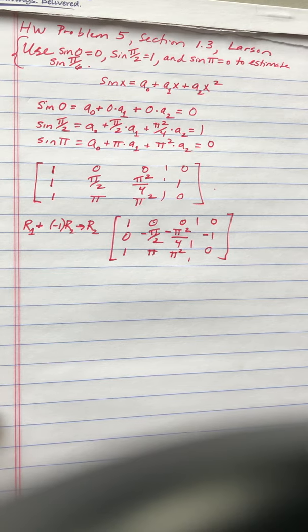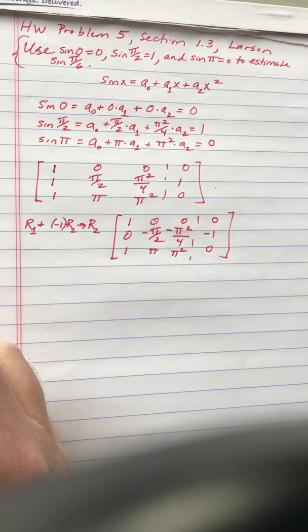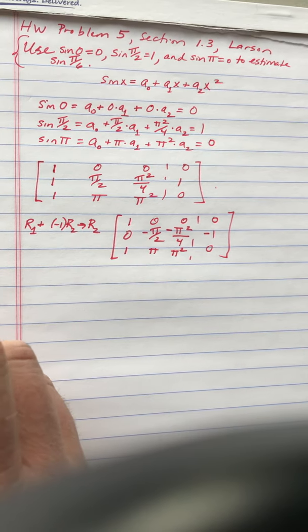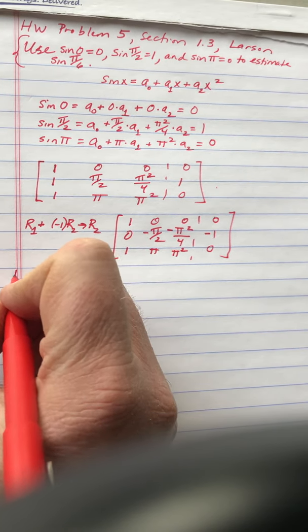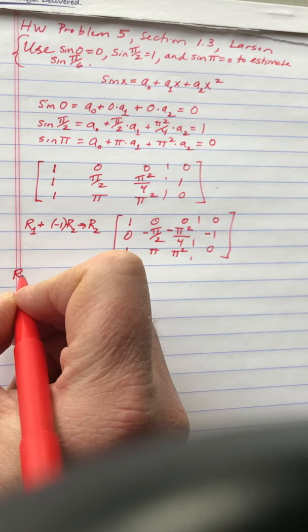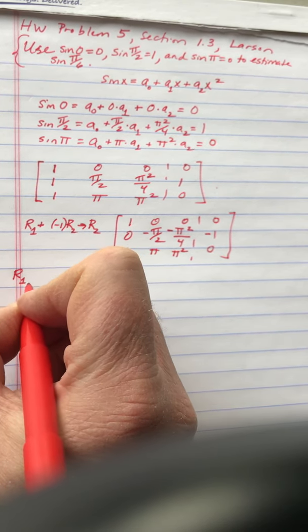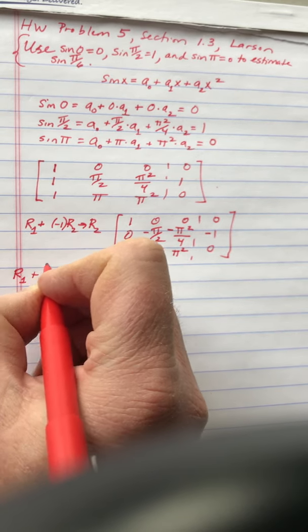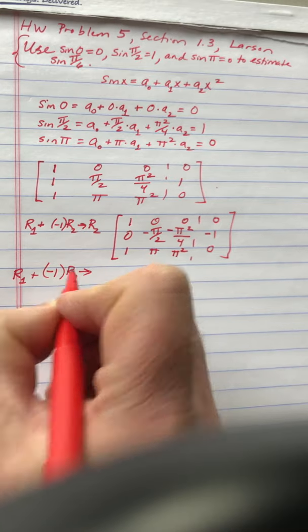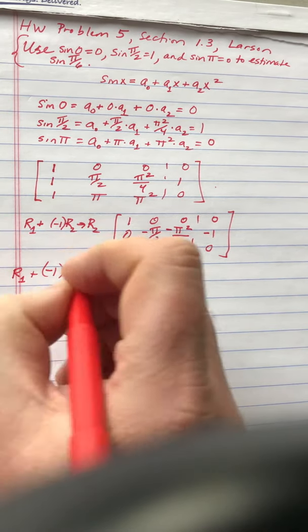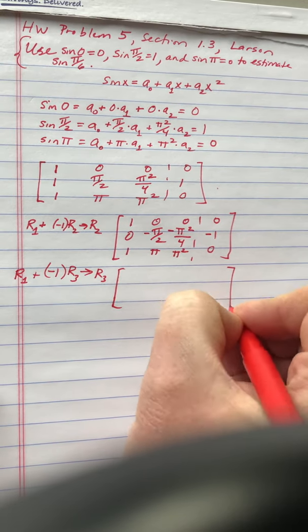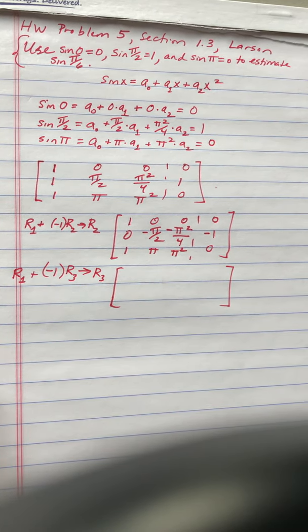All right, so next step, I claim we can do the same thing to get rid of this 1 down here, but I'm going to say row 1 plus a negative 1 times row 3 is going to become my new row 3. And there are a billion ways you can do this. This is just what's jumping out at me right now.